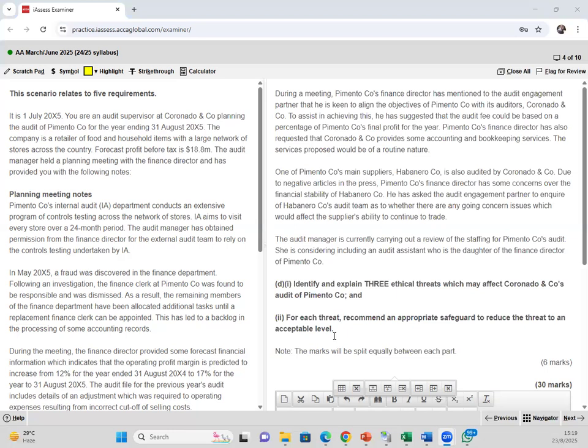Can you read this? Are you seeing the statement? Yes, self-interest. The daughter is the finance director. Then you rephrase your statement.